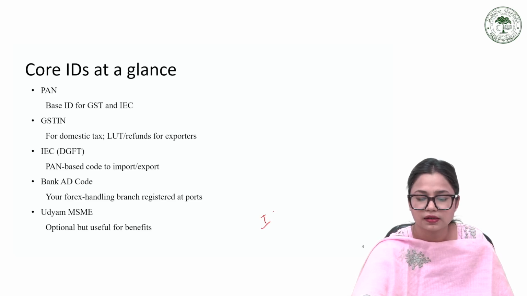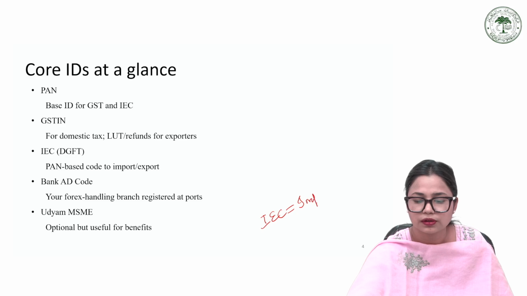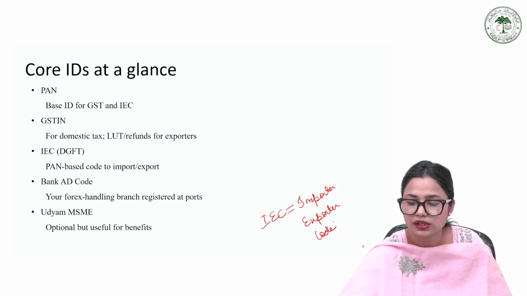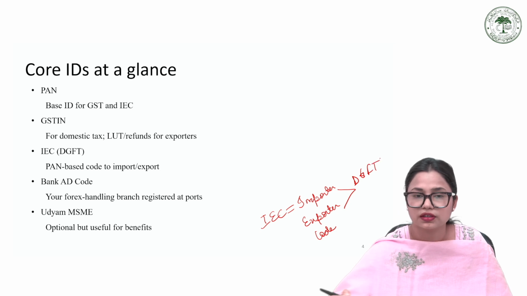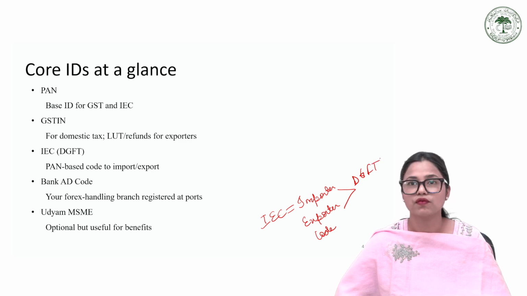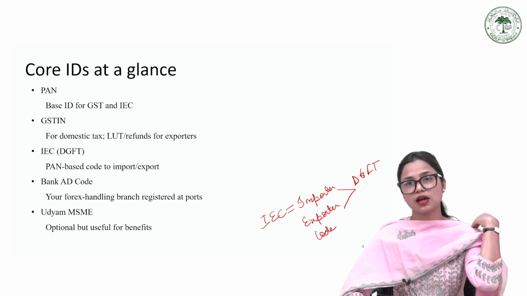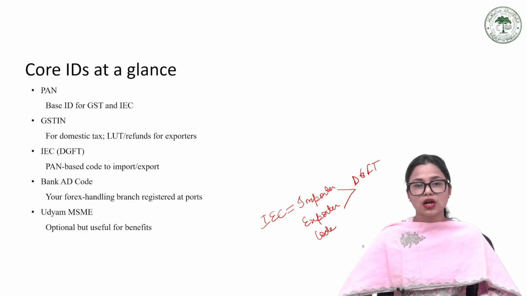IEC is simply an importer-exporter code. Who supplies it? It is supplied by the DGFT, Directorate General of Foreign Trade. So there is a particular procedure on how an exporter can apply for this particular IEC code.